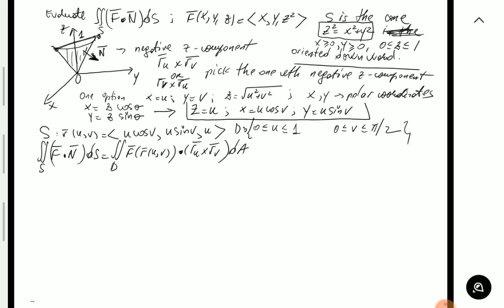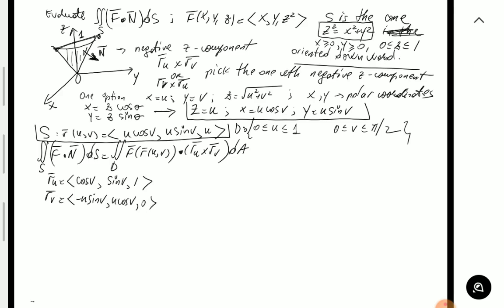So let's take a step back and do the cross product, right? So ru, so first of all, we have partial u. We're looking at the parameterization of the curve very carefully, right? So partial u is going to be 1 times cosine of v. We did this actually before, right? 1 times sine of v, and then 1. rv, once again, is minus u sine of v, u cosine of v, and then 0.